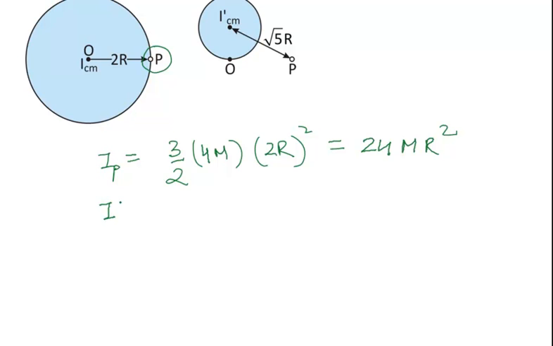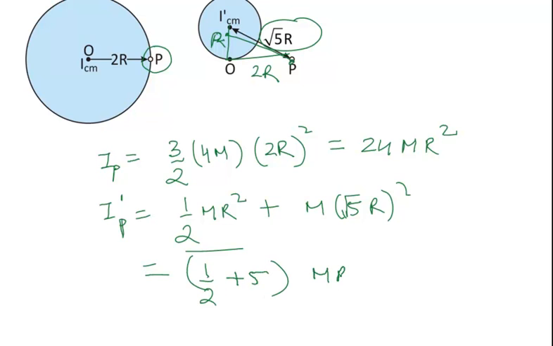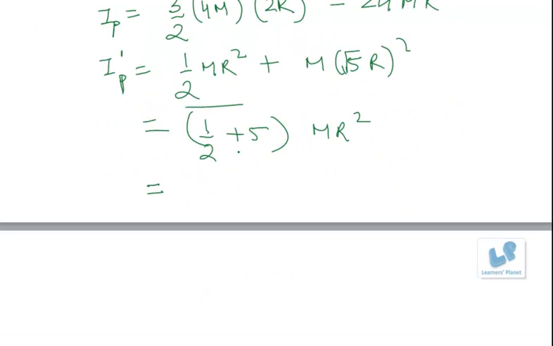For the smaller disk, from the parallel axis theorem, the value is 1 by 2 m r square plus m x square, where x is the distance between the center of mass and point P. This is very simple because the sides are r and 2r, so from Pythagoras theorem, the hypotenuse is root 5 r. Putting m times root 5 whole square, we get half plus 5 m r square, which can be written as 11 by 2 m r square.